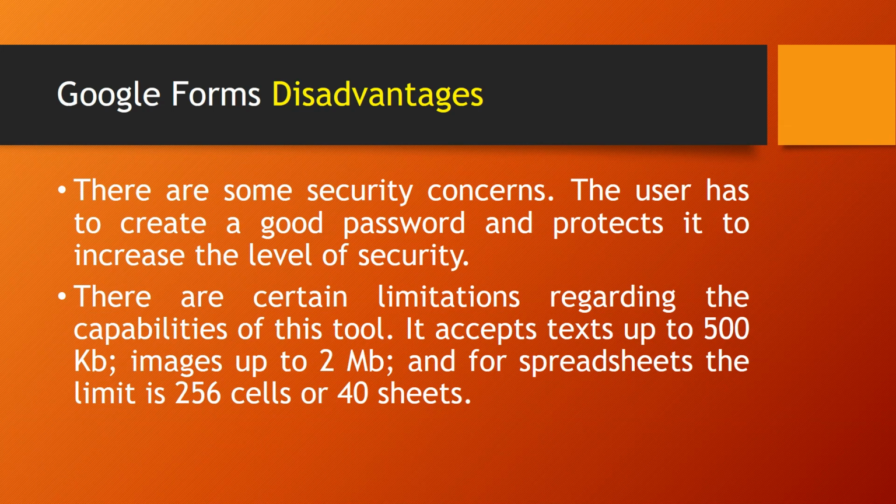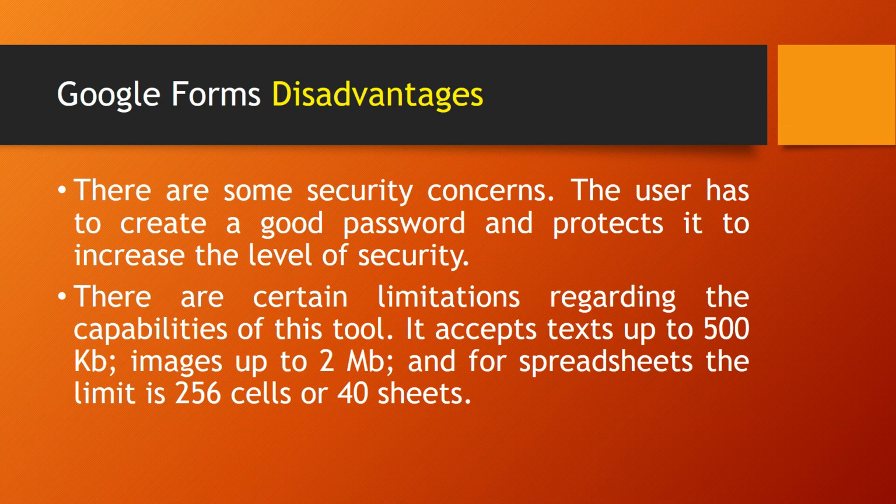So you could receive image data from people. Let's say you want people to submit their passport, people could upload their passport or documents and things like that. But anything that is more than 2 MB, it will reject it. Those are the limitations with Google Forms.